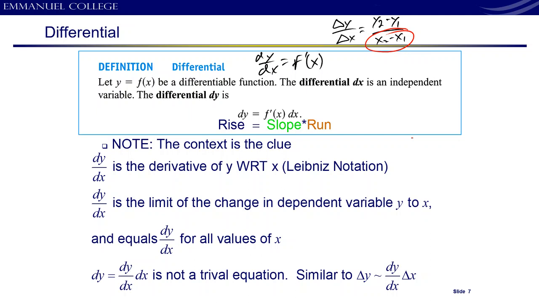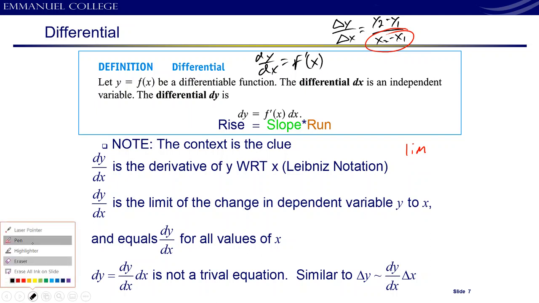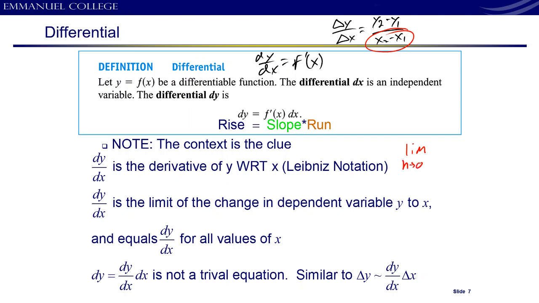So dy/dx is the limit of the change, because remember, if we go back to the formula nobody likes, we get the limit as h goes to 0 of f of x plus h minus f of x, all divided by h, is f prime of x. So this limit is telling you how much it's changing, and it gives you dy/dx.